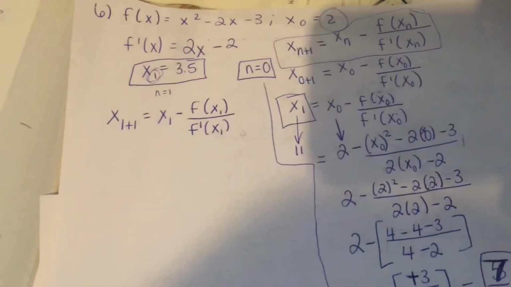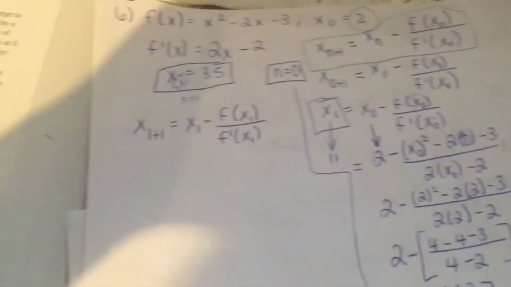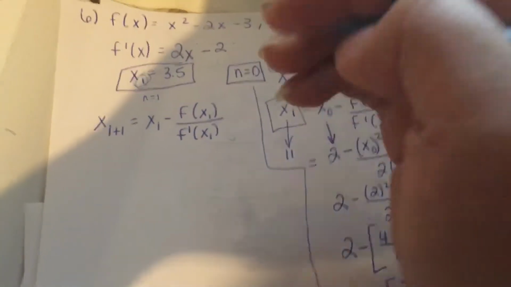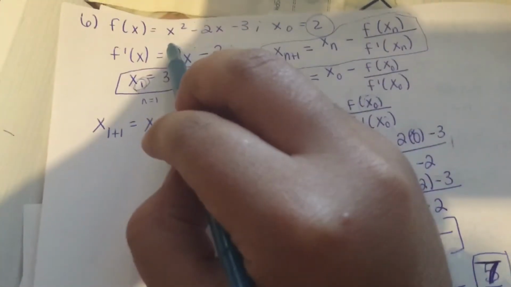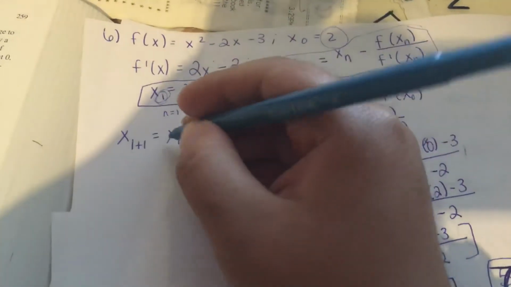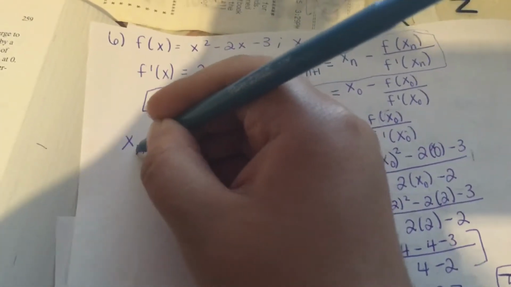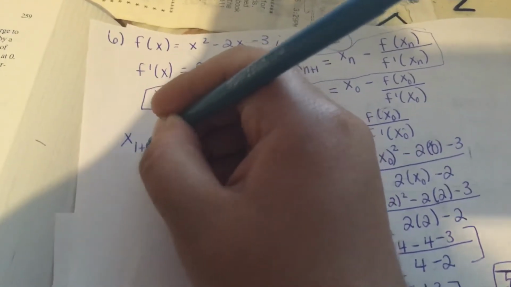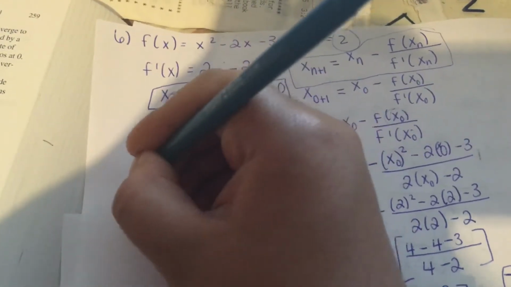I already know what our f of x is. Our f of x is our original equation, what our book gave us. So x sub 1 plus 1 is equal to x sub 2.